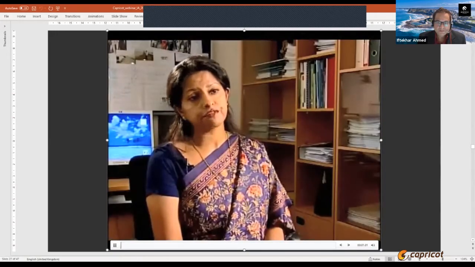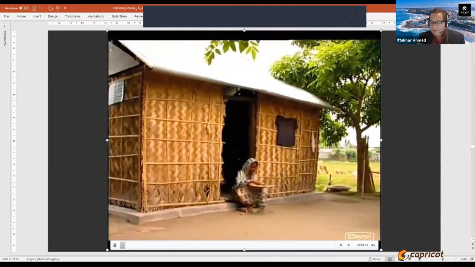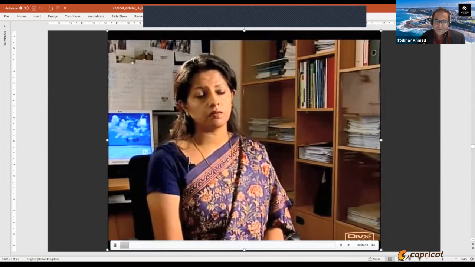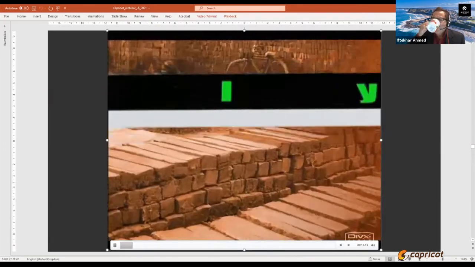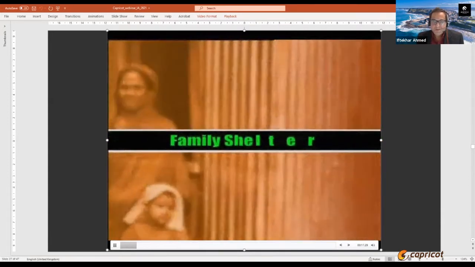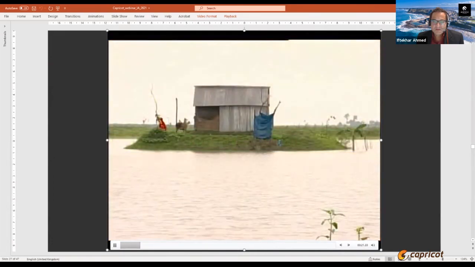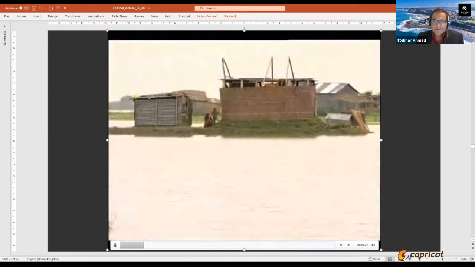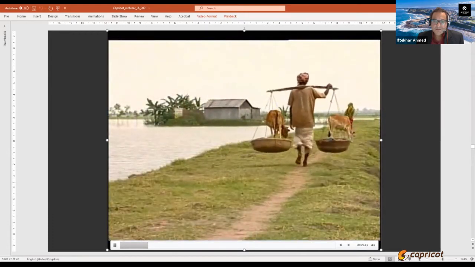In the same way, in the family shelter or the house reconstruction program, we have tried to introduce techniques which would ensure risk reduction or make these houses less vulnerable to next floods. Floods swallow up people's lives and livelihood. With their houses drowned, people take refuge on high roads, dams, or flood shelters.